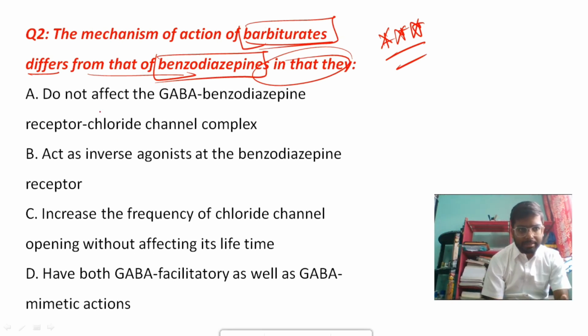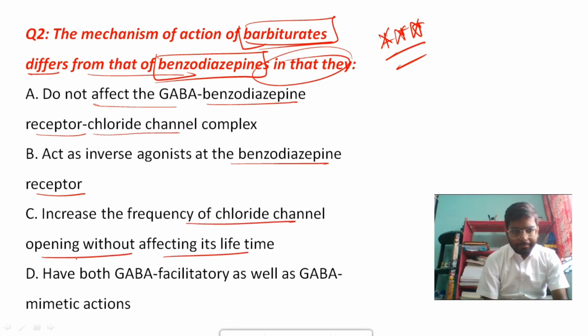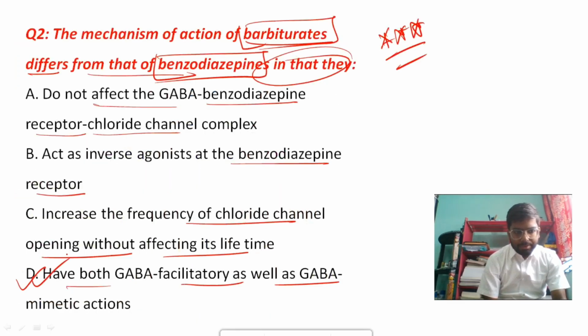Options are: do not affect the GABA benzodiazepine receptor chloride channel complex; act as inverse agonist at the benzodiazepine receptor; increase the frequency of chloride channel opening without affecting its lifetime; have both GABA facilitatory as well as GABA mimetic action. So your answer will be option D.